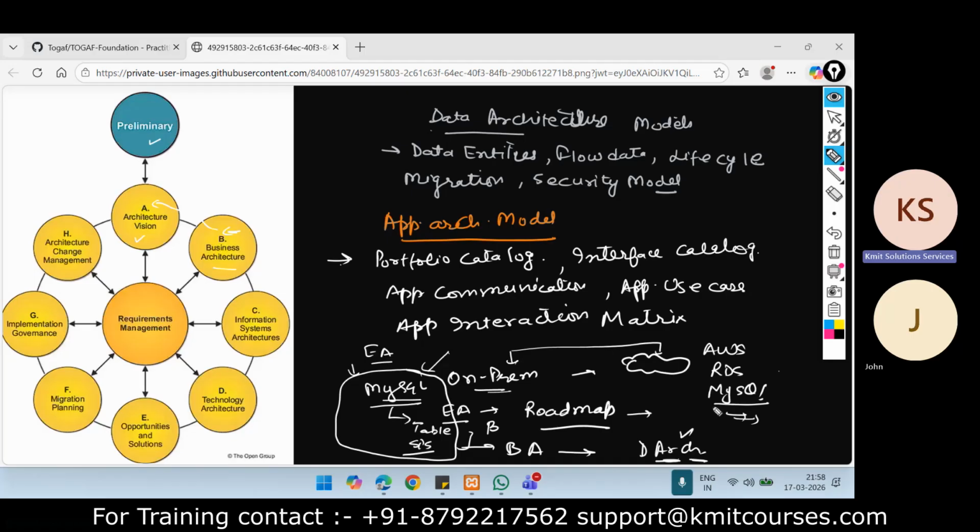Plus, the business architect has reported in the architecture definition document that from the business point of view there are some gaps, so those gaps are also to be filled.